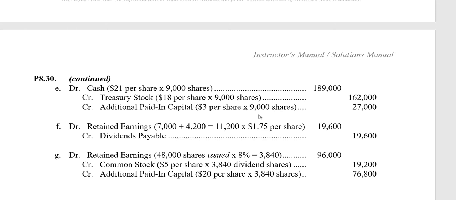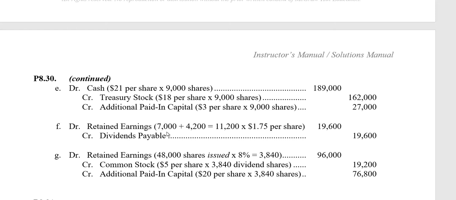Okay. Now in F, we do something real simple, guys. We issue a cash dividend to our stockholders. Typically, this is done at a certain date. In other words, the board of directors gets together and they issue a cash dividend. And when that happens, we make a journal entry. We take it out of retained earnings and put it in a payable amount, because we are creating an obligation.